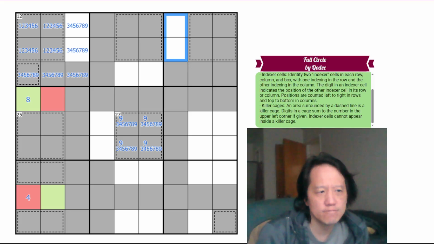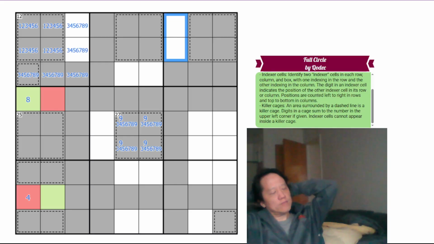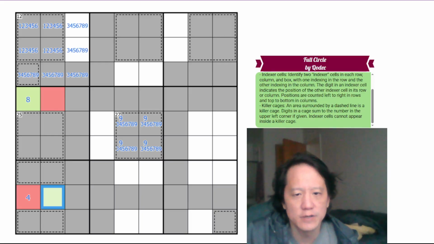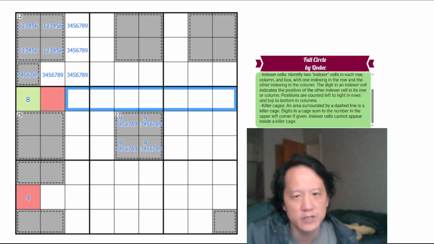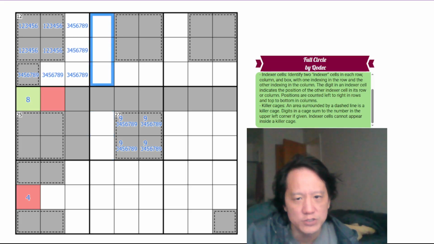Interesting. So I think you're guaranteed that this has to be an indexer then, right? So again, two out of these three are indexers. So we're assuming this one is, because we have two indexers in row 4, so this can't be indexer, and in box 4, so that can't be indexer, which means both of these in box 5 have to be the indexers, which eliminates indexers in the rest of the column.